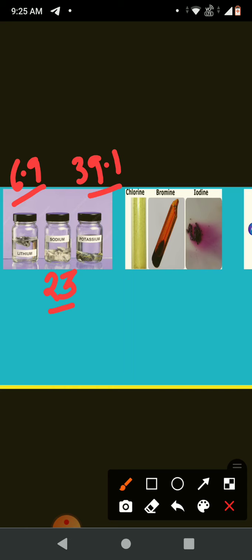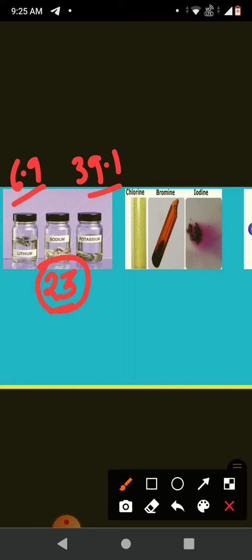So they have been arranged in an increasing order of atomic masses. After arranging them, Dobereiner said that the atomic mass of the middle element, here the middle element is sodium, is equal to the mean of the atomic masses of the other two elements.